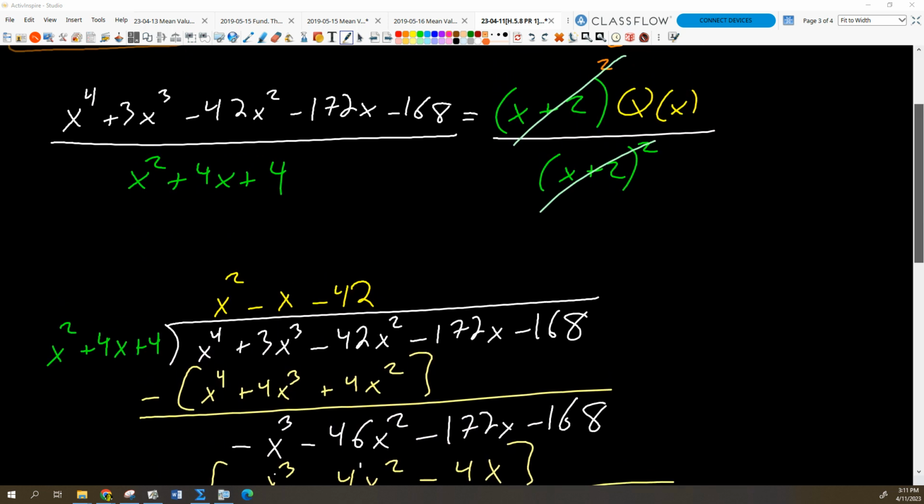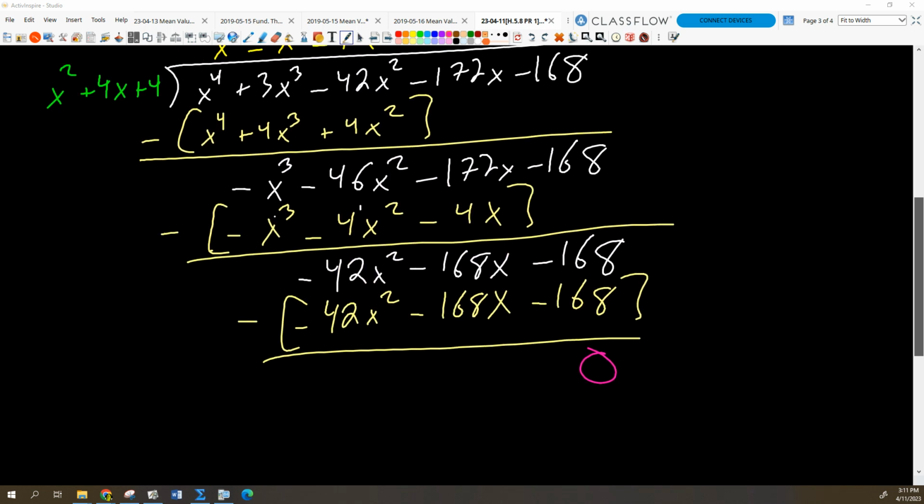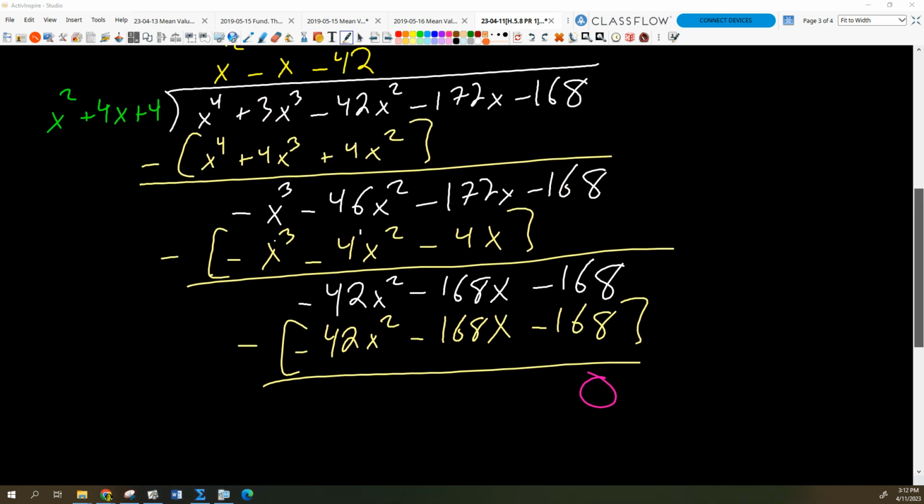And so we can rewrite our polynomial then. Man, this is a lot of stuff, isn't it?